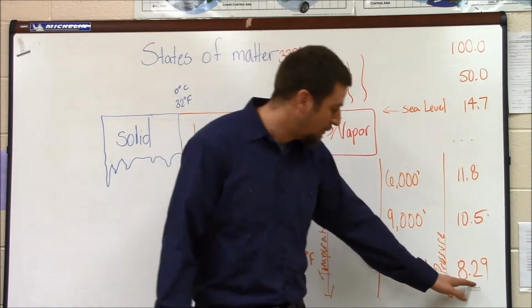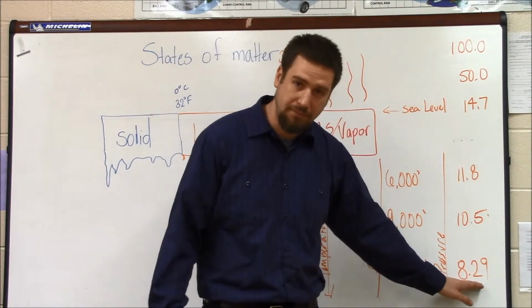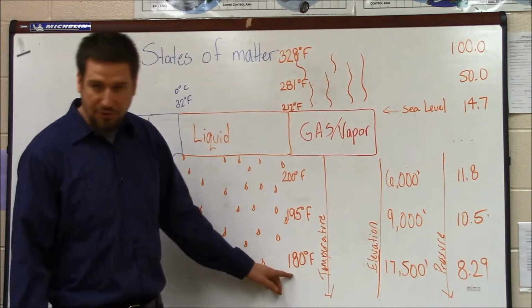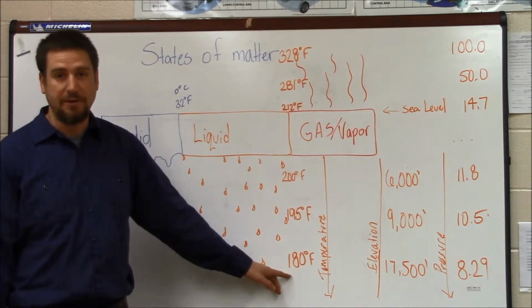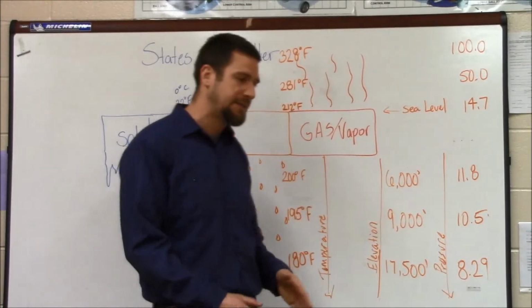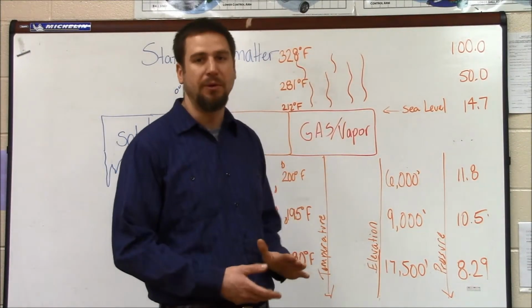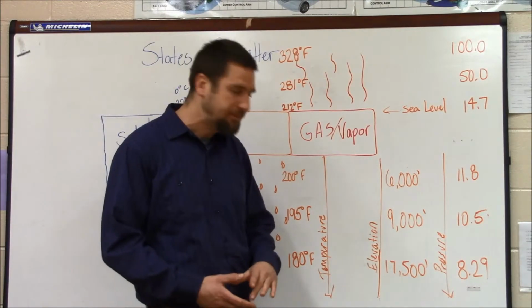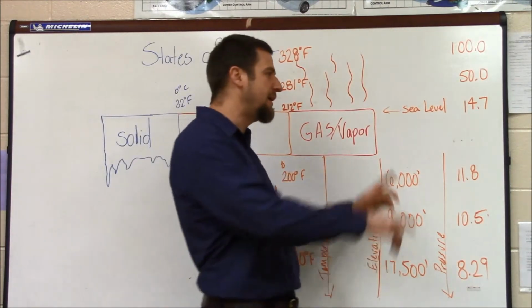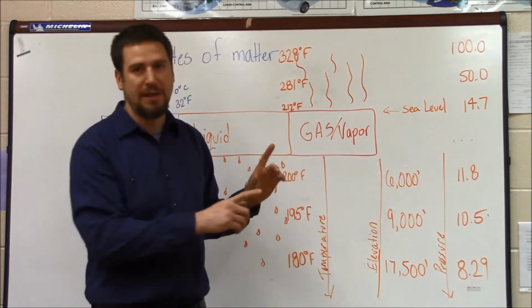Atmospheric pressure is lower all the way at 8.29, okay? Water is going to boil at 180 degrees Fahrenheit. So the important lesson here is that as pressure decreases, the boiling point of water also decreases. We're going to look at the other side of that too, because this is what applies to air conditioning.